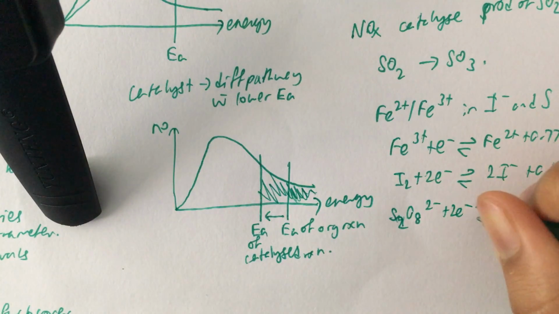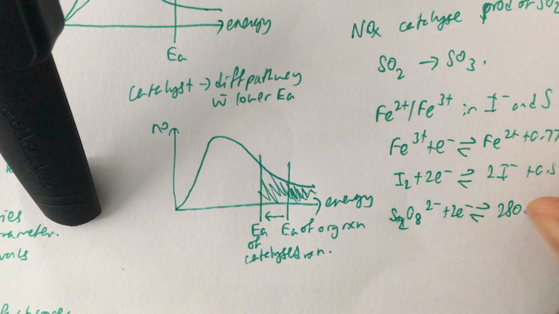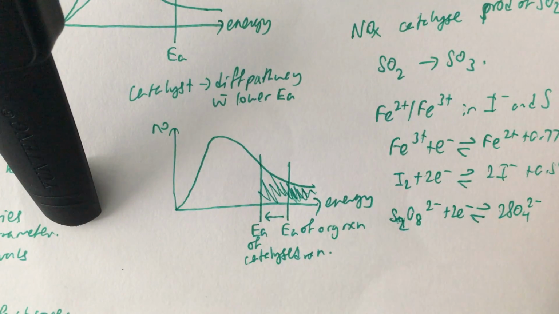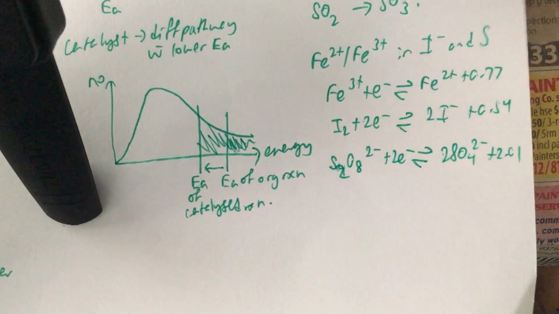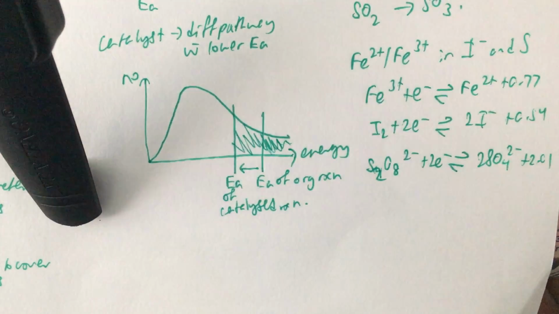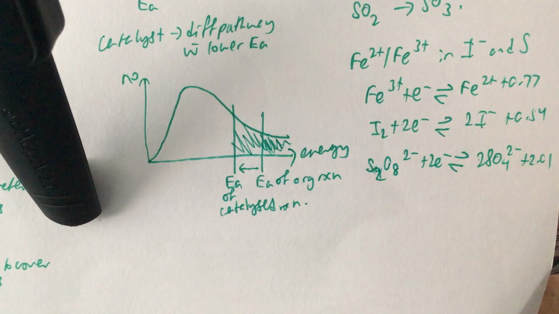So what happens here is, okay, so the Fe3+ is more oxidizing than I2, I suppose.